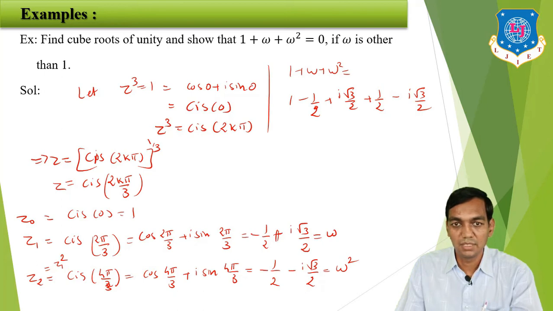Pi plus pi by 3 is in the third quadrant, so these both are going to be negative. Root 3 by 2 cancels out. 1 minus 1 by 2 minus 1 by 2 is 0, so the answer will be 0.